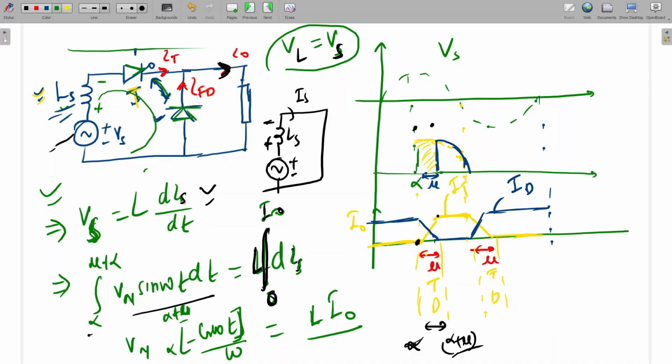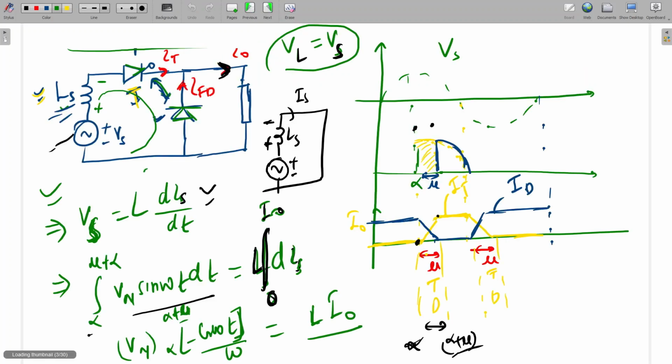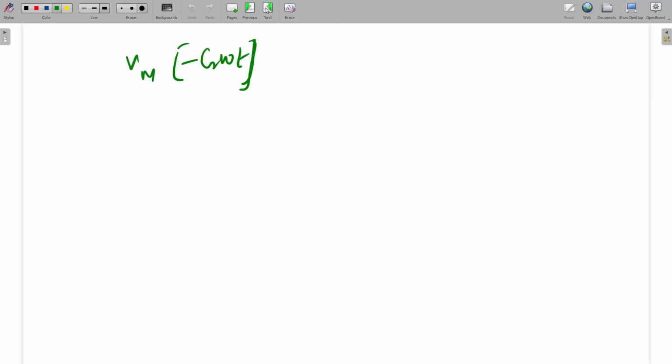Okay, so further we can simplify this one. This is Vm here. Vm into minus cos omega t. What is the value here? It will be alpha to alpha plus mu, which will be L I0. Is it clear up to now?